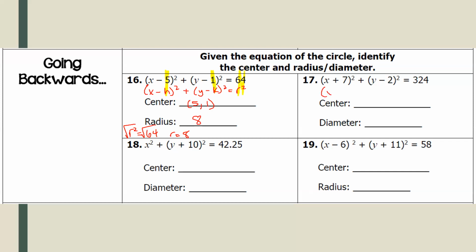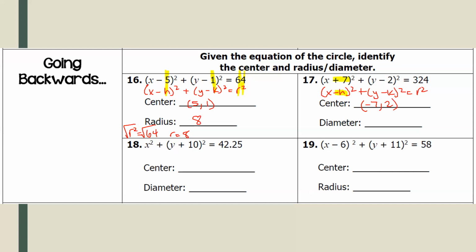Number 17, we have to be careful with those minus signs. Okay. Notice that in number 17, this is a positive 7, but this is a minus h. So what does that mean about our h value? It's negative. So this becomes negative 7. The k value, oh, that's still 2.